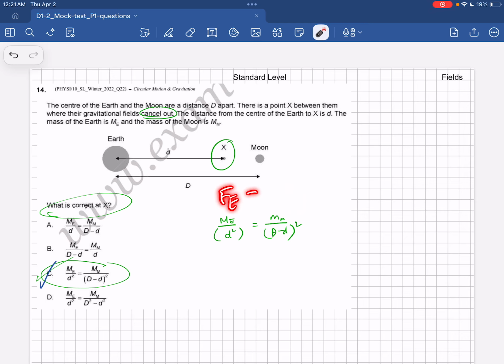G on both sides cancels out, and the same mass at X also cancels out. So what is left is the ratio between the mass of the Earth and the distance from the Earth to X, and the mass of the Moon and the distance from here to here, which should equal big D minus little d. So this is the one.